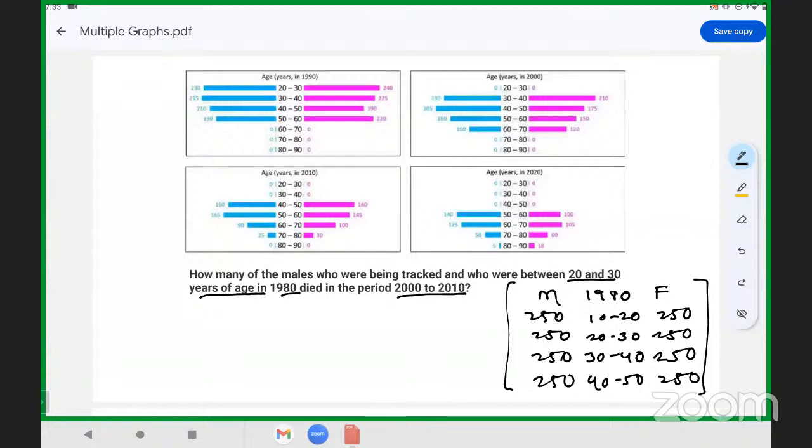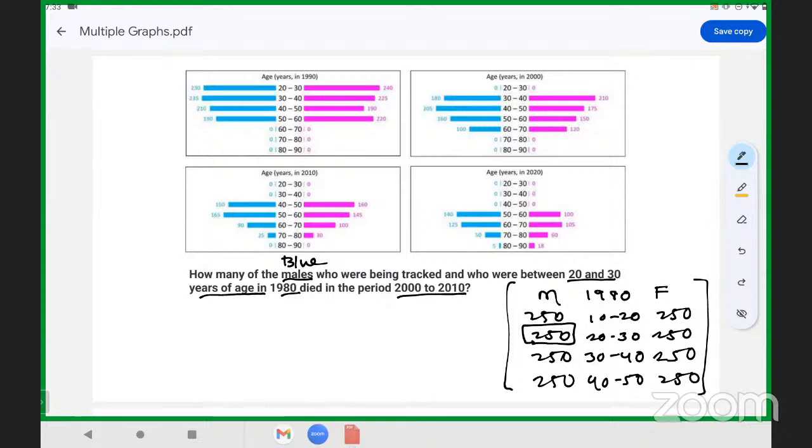So the question given over here is only about males. So we have to only consider the blue lines who were being tracked and who were between 20 to 30. So 20 to 30, which means the number was 250, in the year 1980, who died in the period from 2000 to 2010. So how many people died we have to find out.